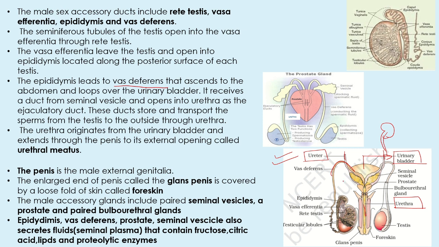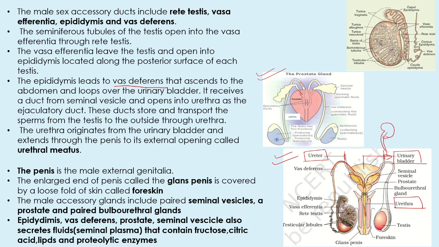So the vas deferens loops over the urinary bladder, and these two wing-like structures that you're seeing here are the seminal vesicle. The vas deferens connects with a duct from the seminal vesicle and forms a common passage, that is the ejaculatory duct. So now if you refer to this picture, you will see that this is a duct from the seminal vesicle and this is the vas deferens.